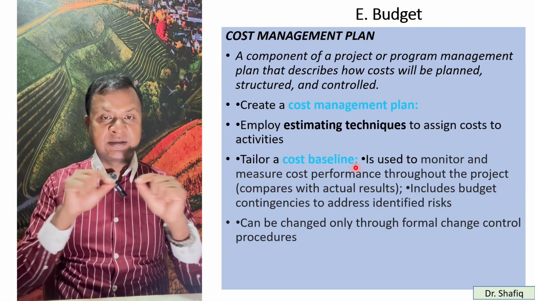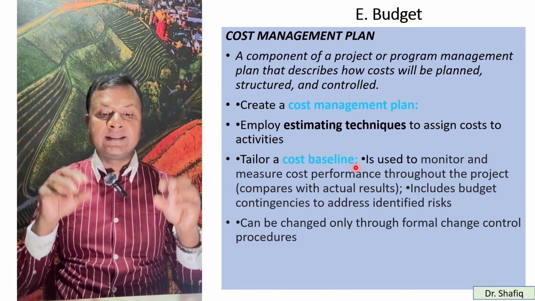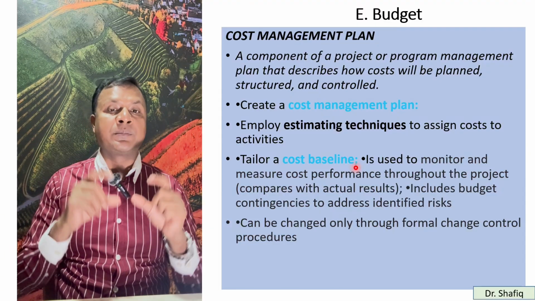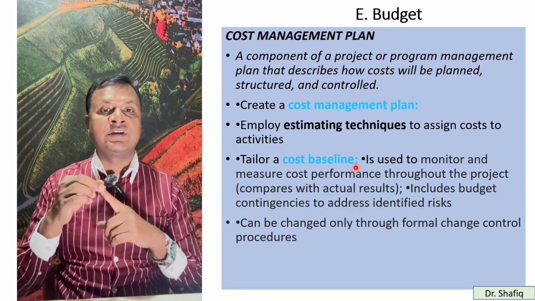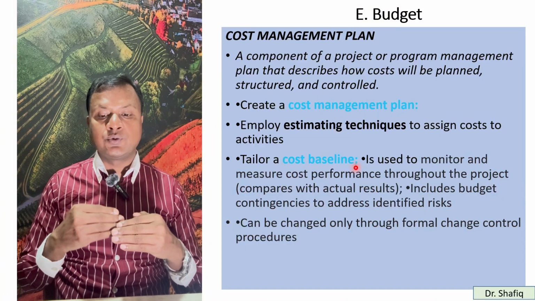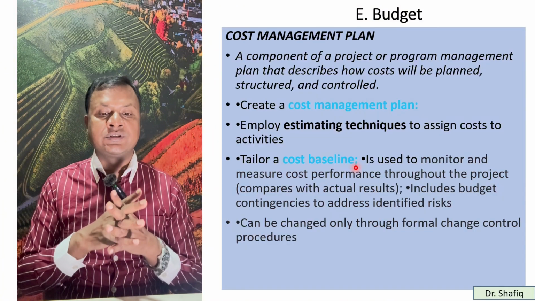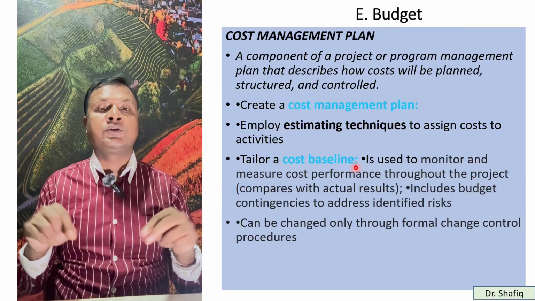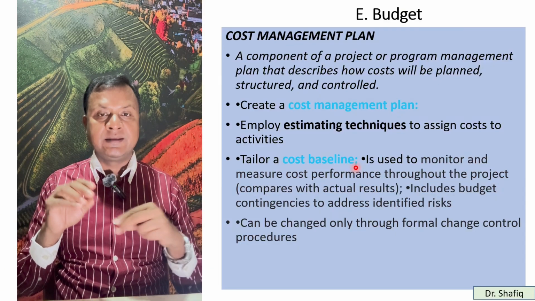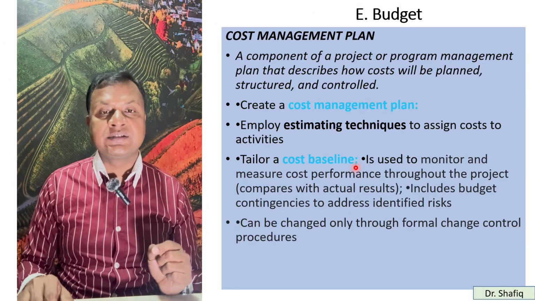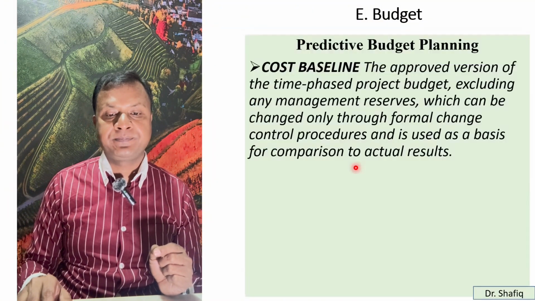So we have a baseline cost, and then we have some administrative cost, and we also should keep some contingencies in terms of any kind of risk or emergencies. So it can be changed only through the formal change control process. If we make a cost management plan, that should be approved, and if you want to change it, that should go to the formal change control process.